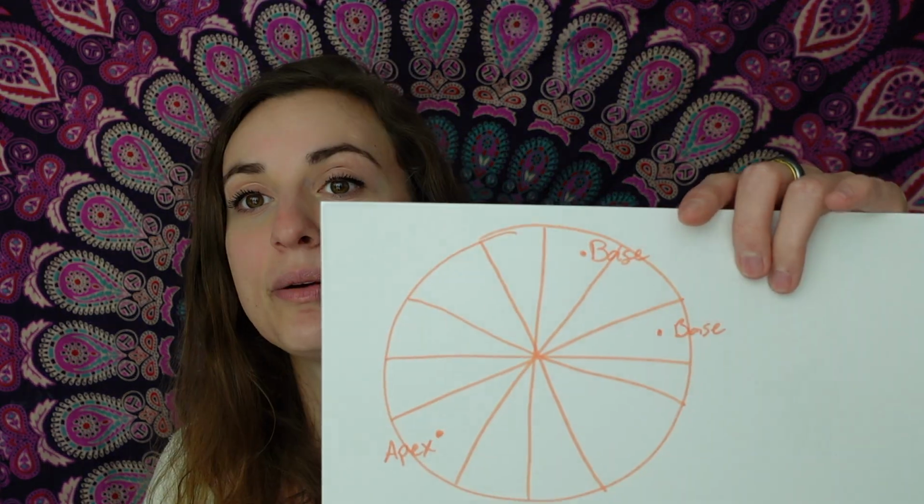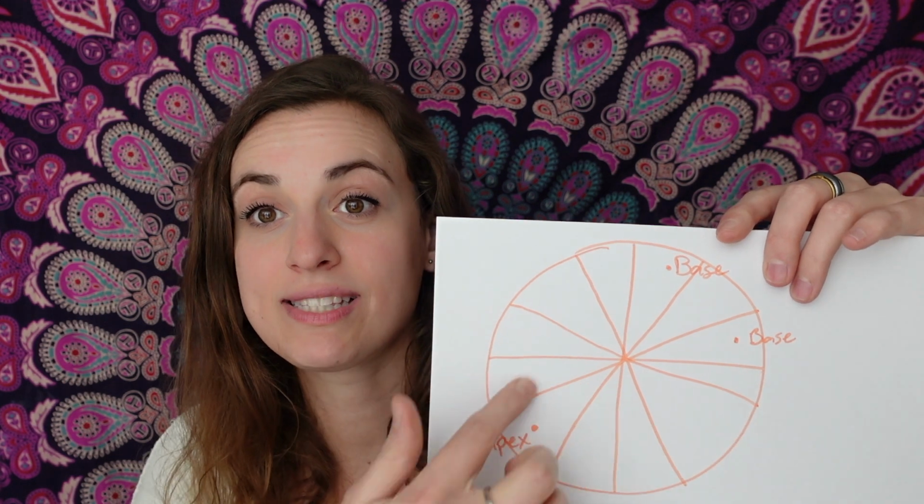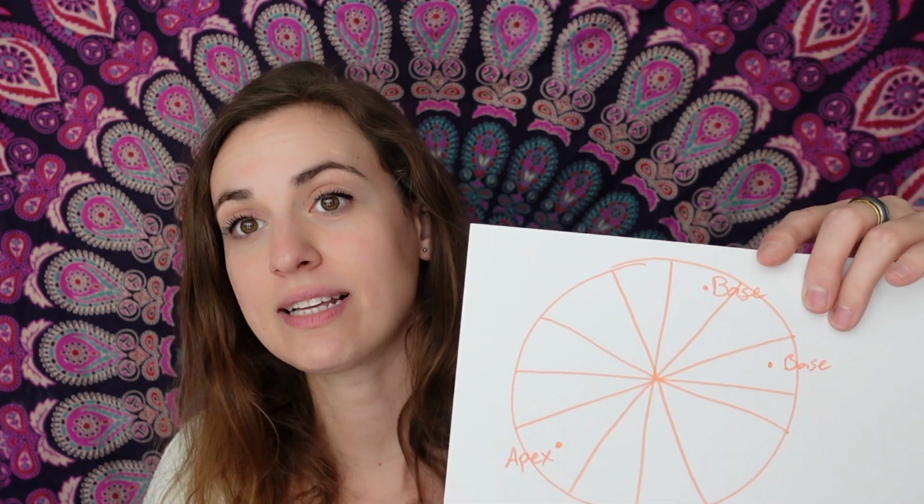So the 3 most important things to look at when you're looking at a yod in your own chart is, number 1, what sign is the apex in? So I'm just going to pull this back up here. The apex, whatever sign it falls in, that's important to take note of because that will be what kind of energy the yod has as fuel.